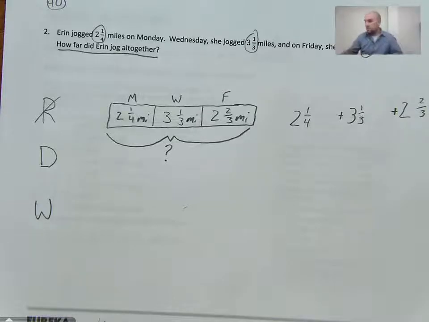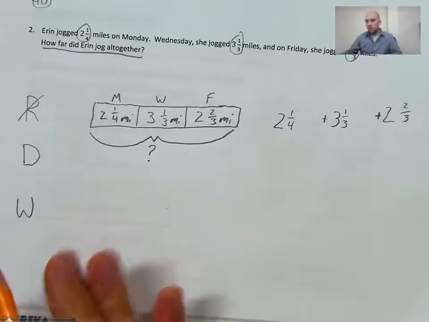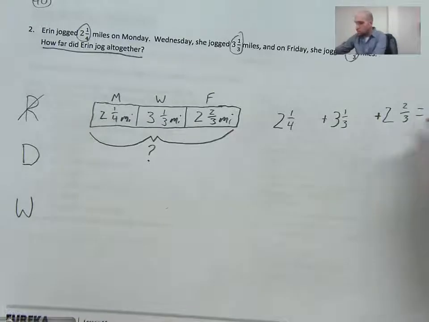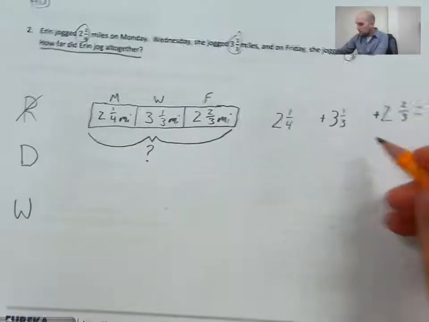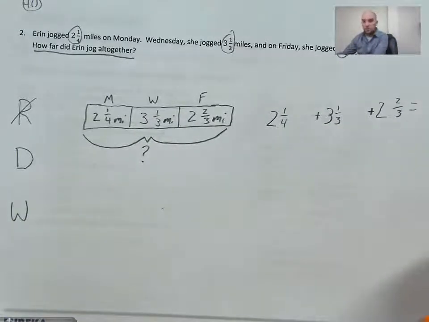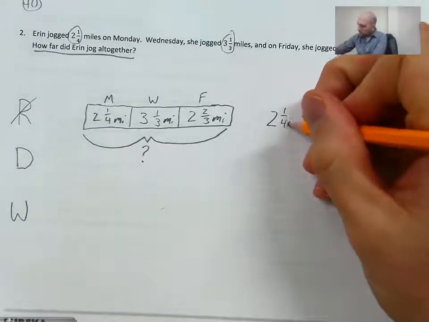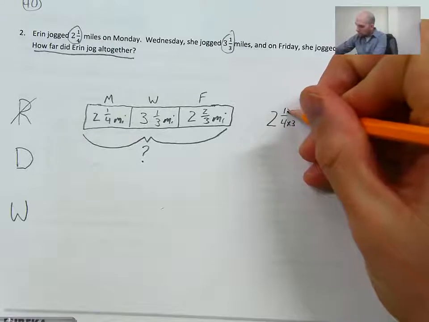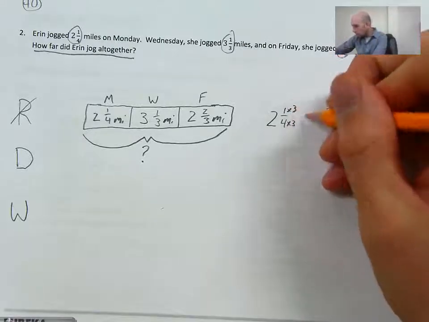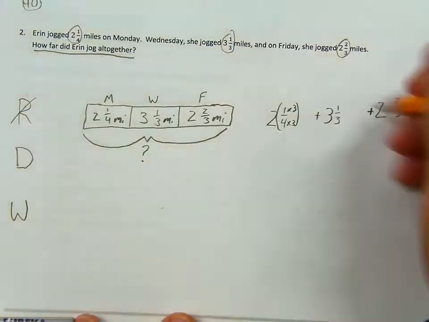My common denominator between those 3 is going to be 3 times 4, which is 12. So for 1/4, I need to multiply my numerator times 3, and I will get 3/12.